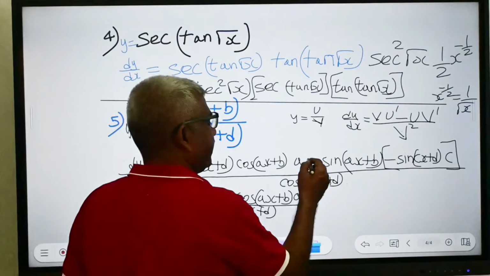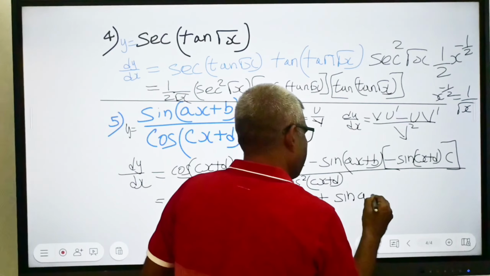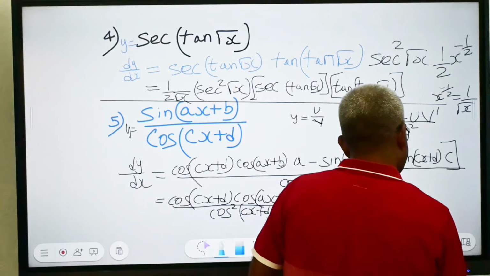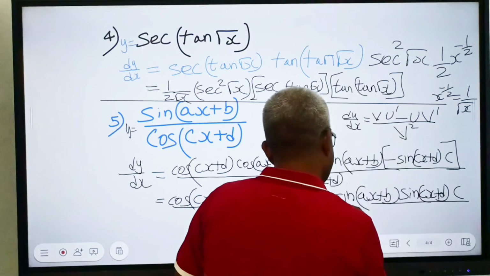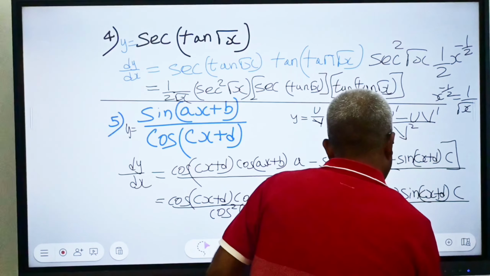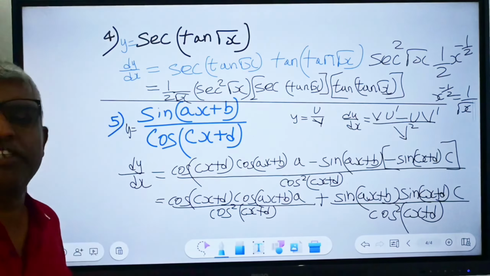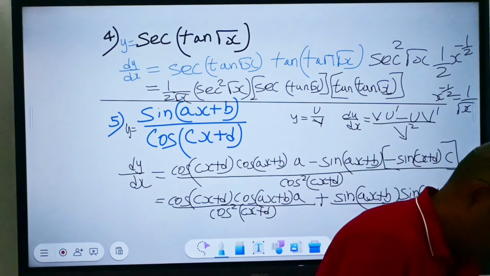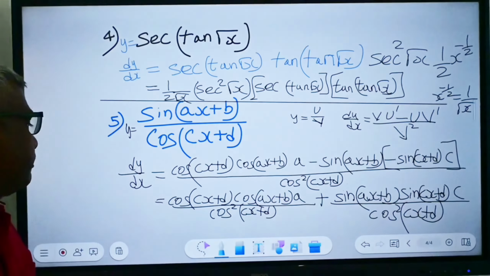Then this minus will be plus: sin(ax plus b), sin(cx plus d) times c, over cos squared(cx plus d). In trigonometry, try to simplify as much as possible.